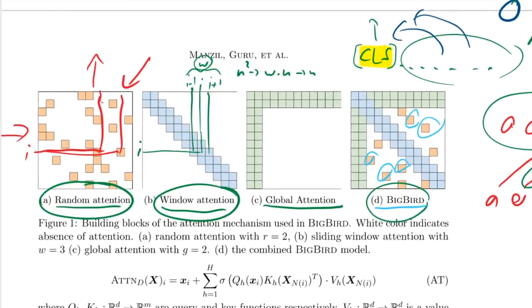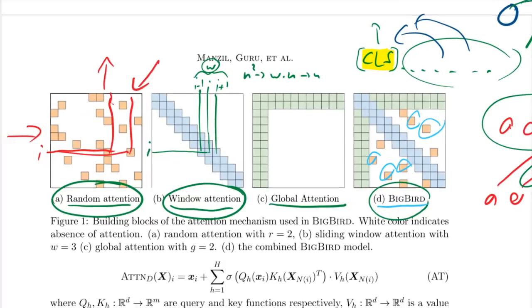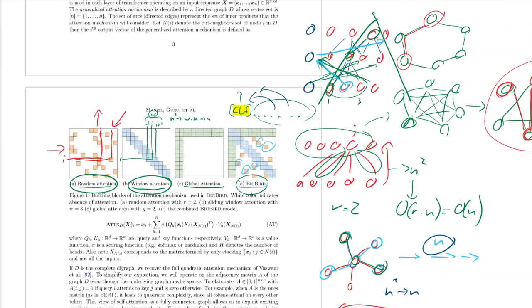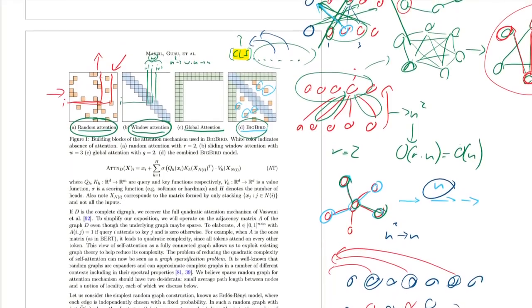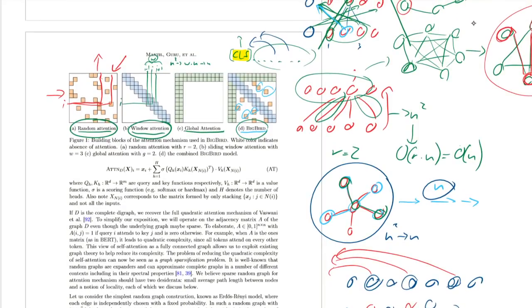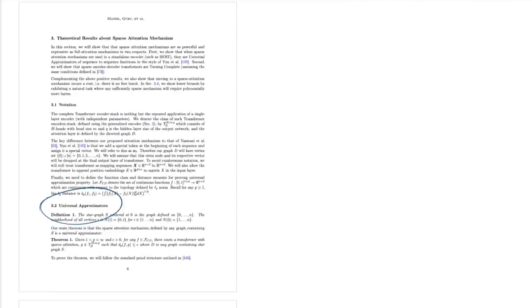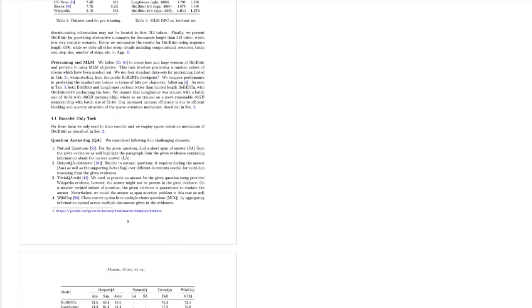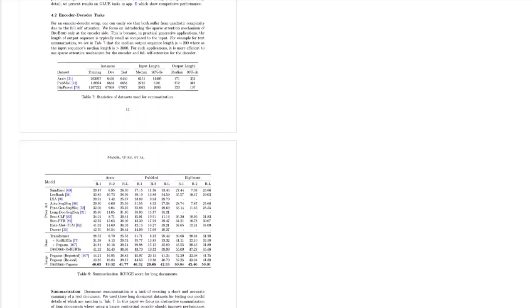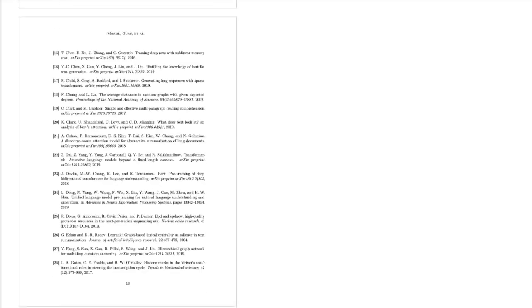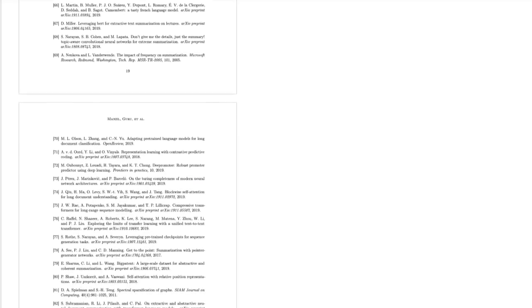Now, my second quarrel right here is that if you look at the proof, first of all, what it makes use of is this star graph. And the star graph corresponds to the global attention. So that's not much to do with the random attention, though they use the random attention in their proof, but I at least believe that it would be possible with the global attention only.